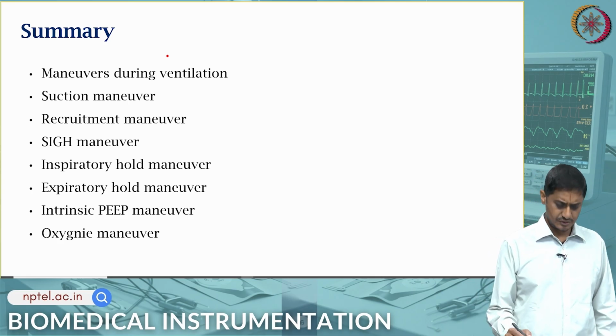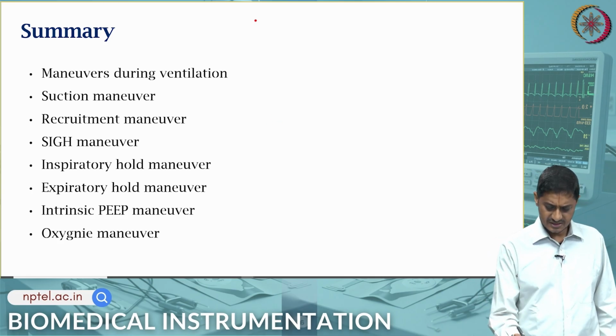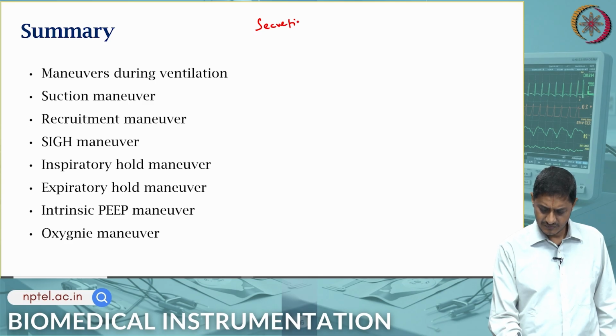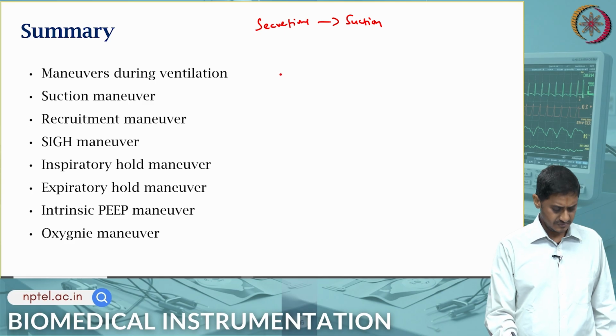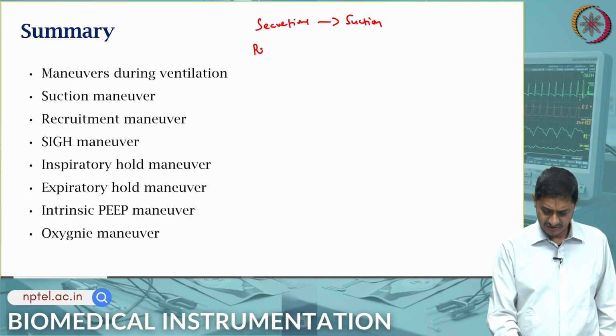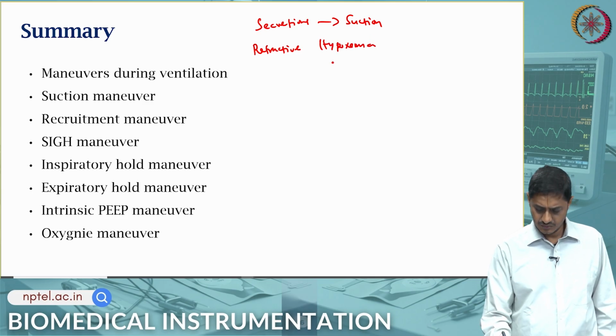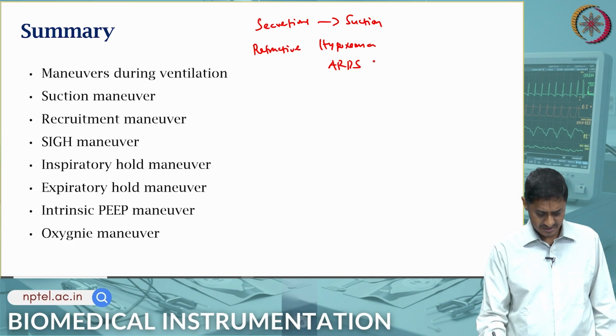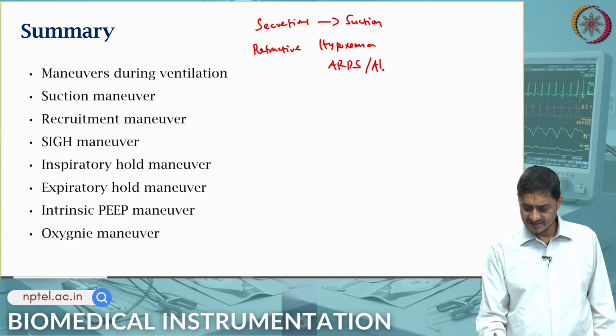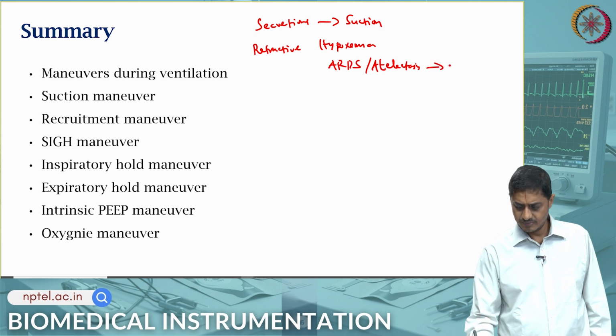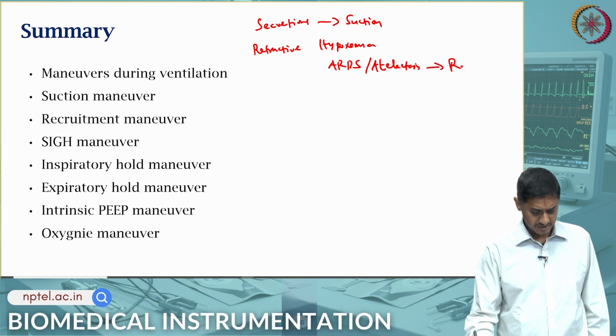Now, how do you decide which one to do? Essentially, if there are secretions, then do suction. If there is refractory hypoxemia, due to ARDS or atelectasis, then perform recruitment.